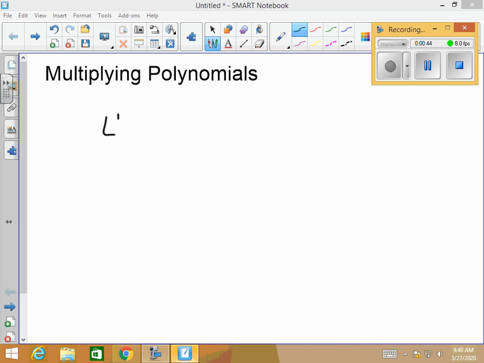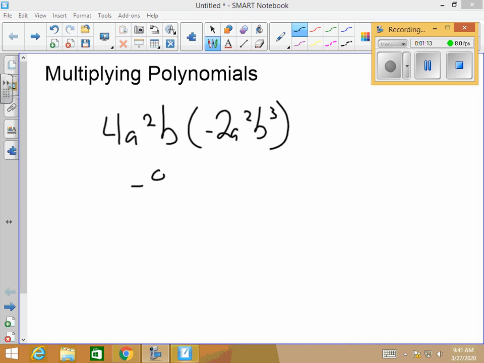Let's go 4a squared b, and take it times a negative 2a squared b cubed. Well, this we've already done. This is something that we discussed when we were talking about our rules of multiplying exponents. So we take the 4 times the negative 2 and get negative 8.